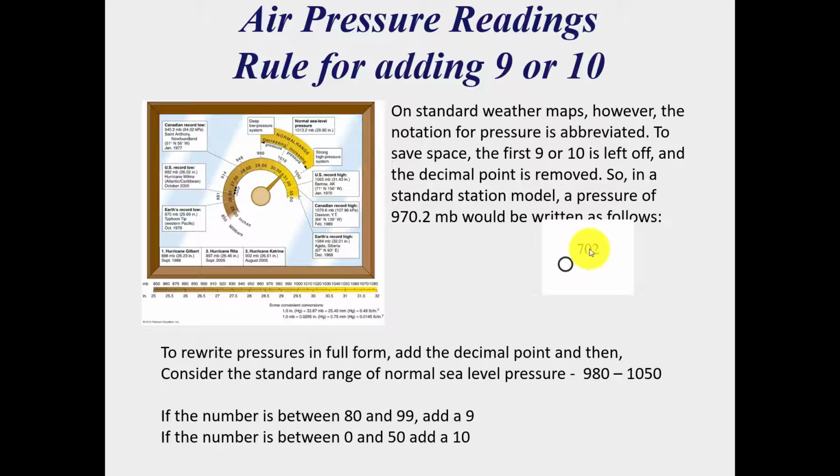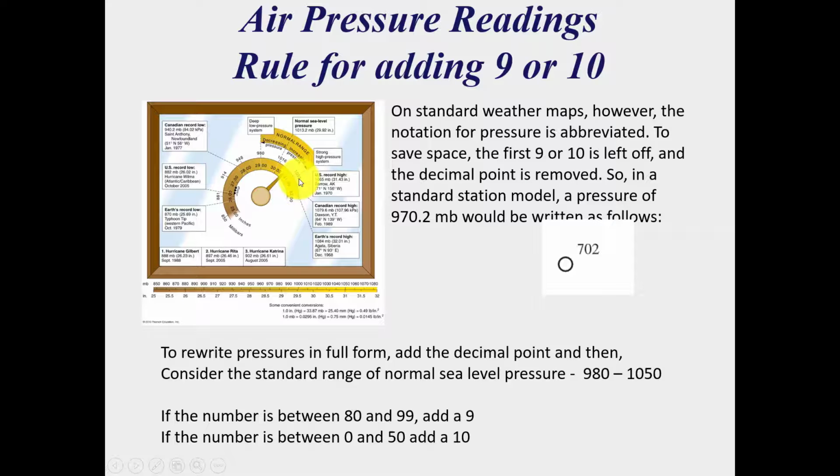So to save space, the 9 or the 10 is left off, and here's why they can do that. Because we know from this diagram, normal pressure ranges don't go below 980 or above 1050. Notice that between 1000 and 1050, that's about the upper end of a number that you're going to get.